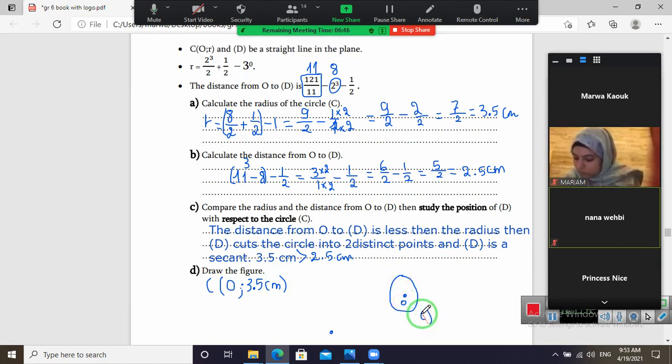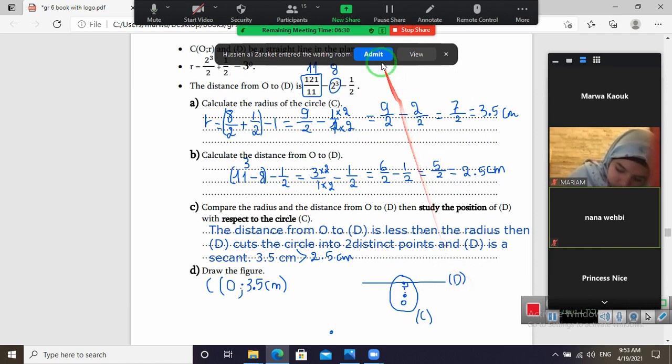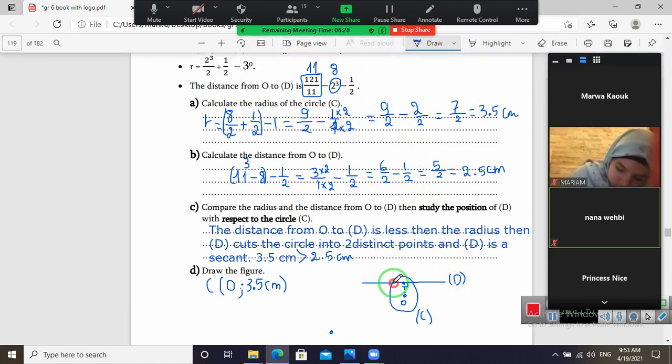Then you take a point from O. What is the point? 2.5, the distance from O to this line. And you make a perpendicular, and it will be the straight line D. And as you see, it cuts the circle into two distinct points, and it's called a secant. Don't forget, 2.5 is the distance from O to the straight line. Okay? 2.5.